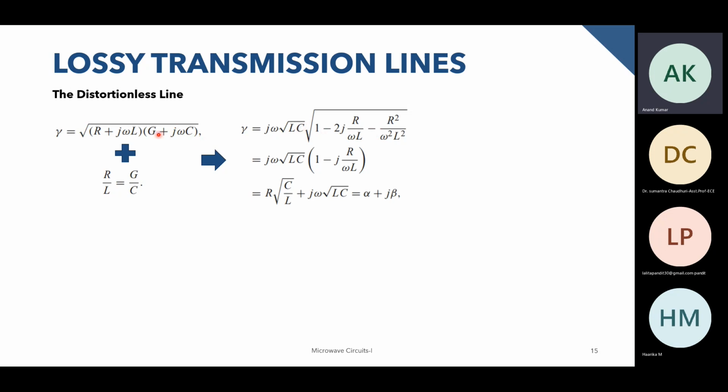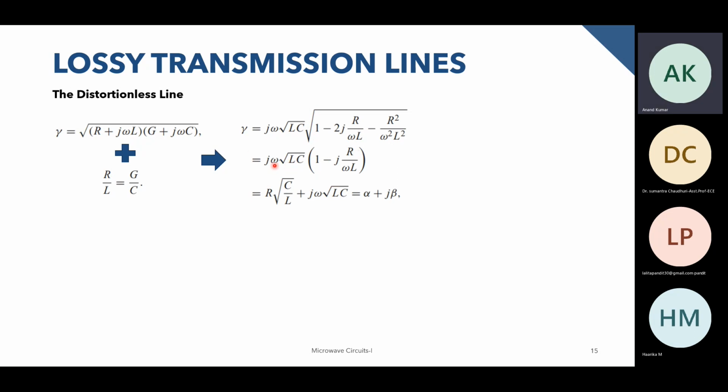We take the term C as common over here, and we substitute G by C as R by L. So what we get is this term over here. And this term turns out to be a perfect square. So we can replace the square root and solve this to get this particular expression over here.